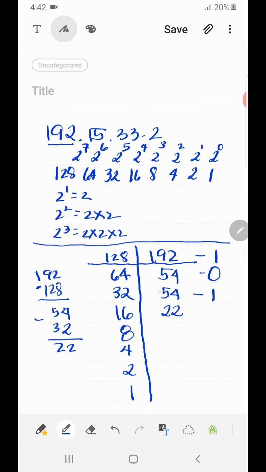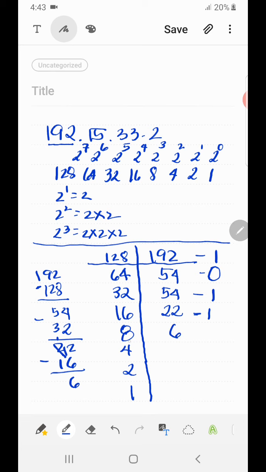Now next, 16 is less than the remaining number 22. Therefore, we can still get one group of it. 22 minus 16 will give us a value of 6.